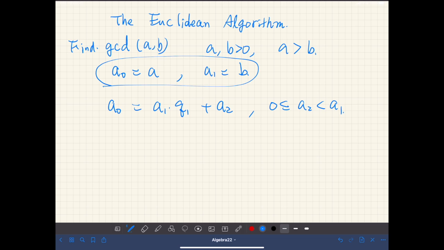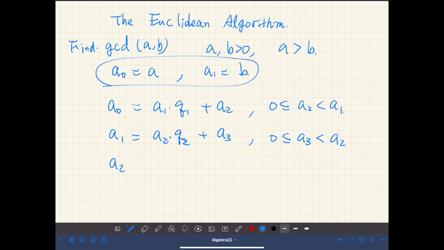And again, we apply the division algorithm. In this case, we divide A1 by A2. The quotient is Q2 and the remainder is A3, and A3 is less than A2.